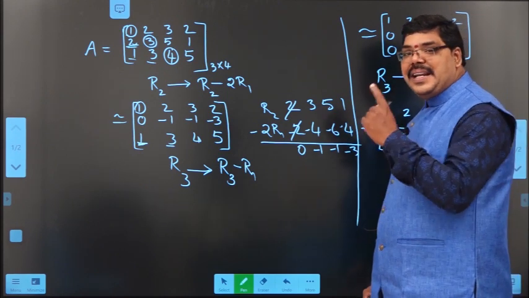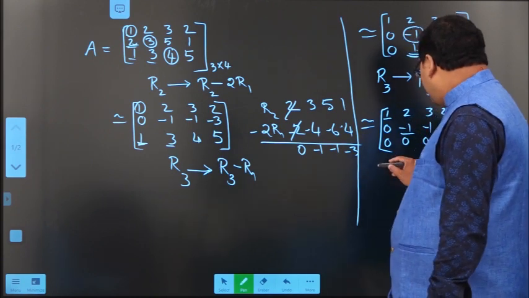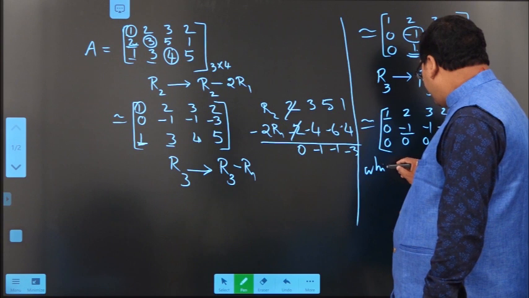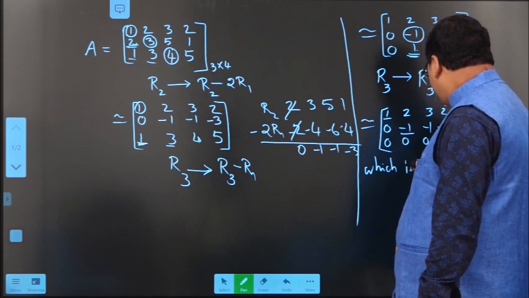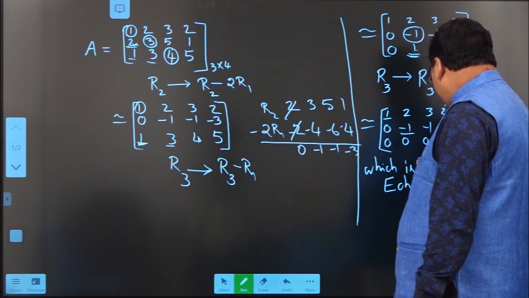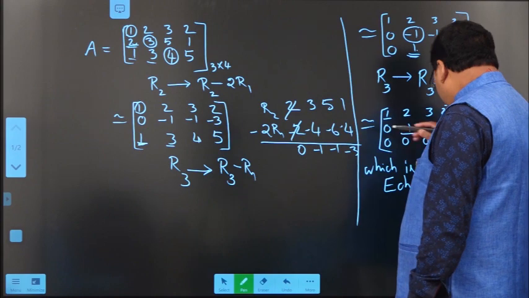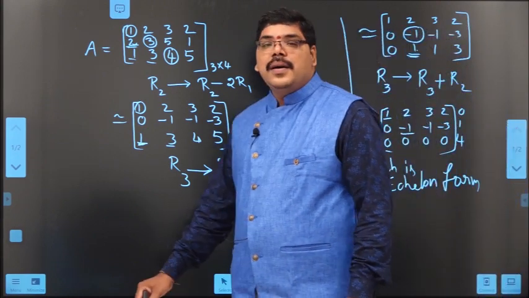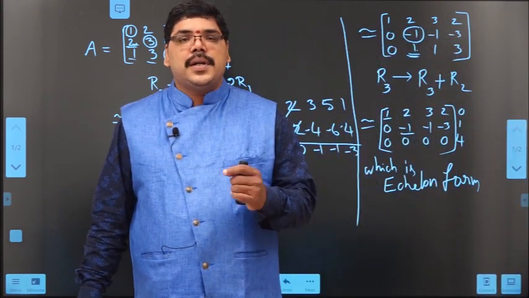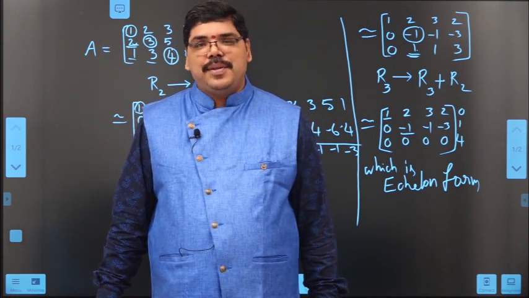So, the matrix is reduced into echelon form. So, we have used row operations and reduced the given matrix into echelon form.